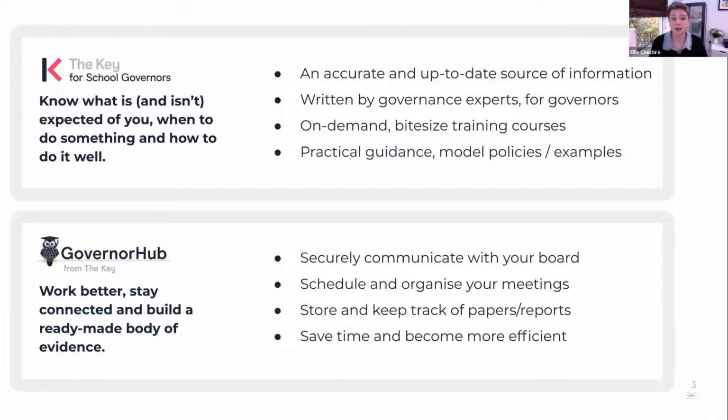All those clerks in the room, GovernorHub is great for clerks because you can get those minutes out, you know where everything is, and you've got all the roles and information on your board right there. So it's very different to the Key for School Governors, in fact it solves different problems, but they work together really well.